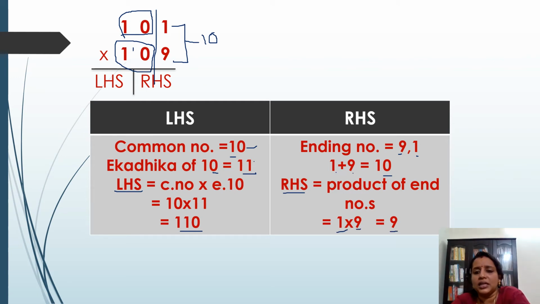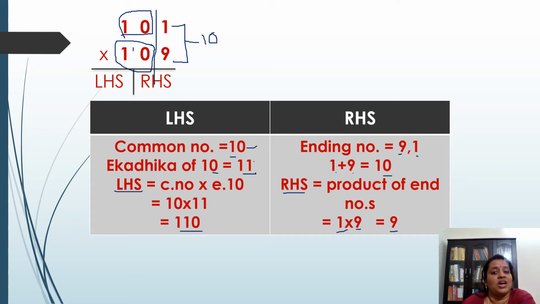Just a point to be noted here: did anyone notice that in the previous problems we had two-digit answers in my RHS? In RHS we will have a two-digit answer, but here we have only a single digit.